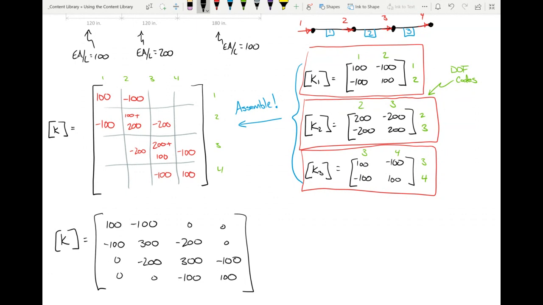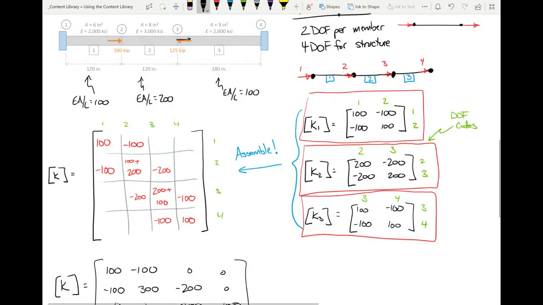Why do we overlap those terms? Why do we add them? The reason goes back to the process I did here on the board. If I were to physically grab the structure right there and yank that joint over one, pulling it to the right, 1 unit displacement, not only am I stretching element 1, but I'm compressing element 2.